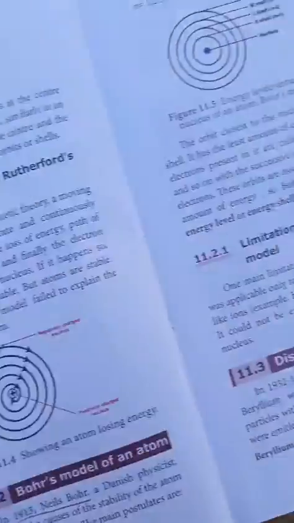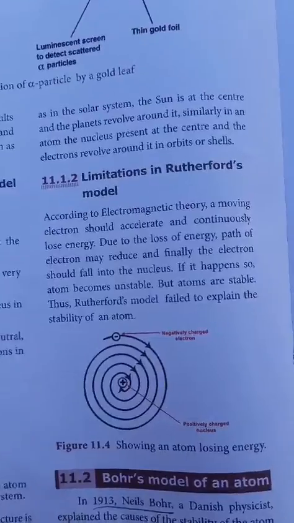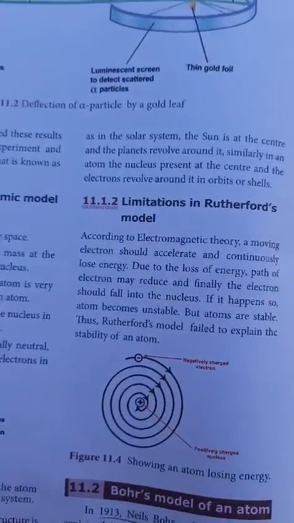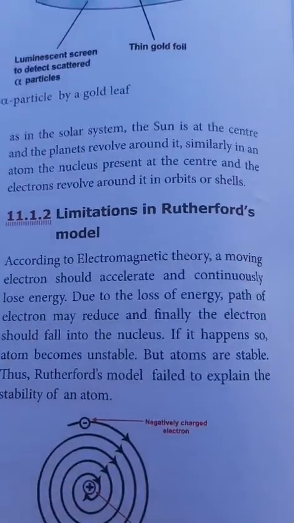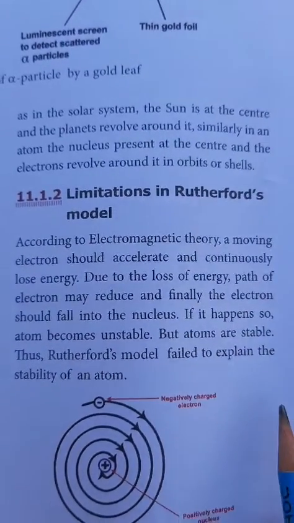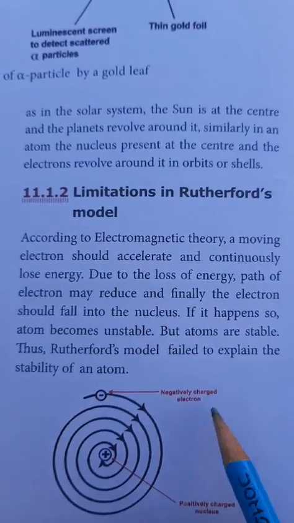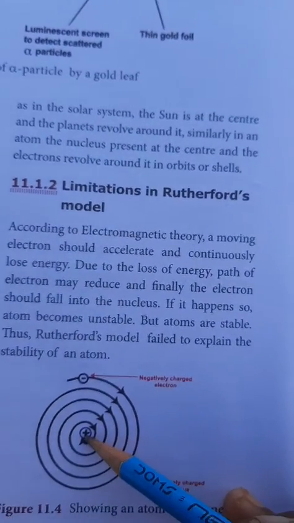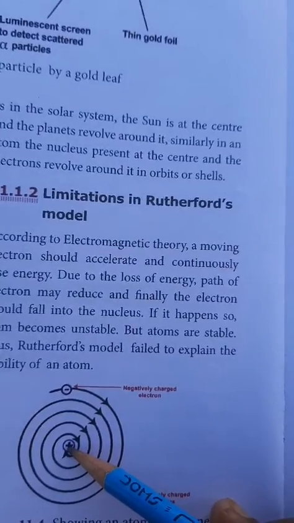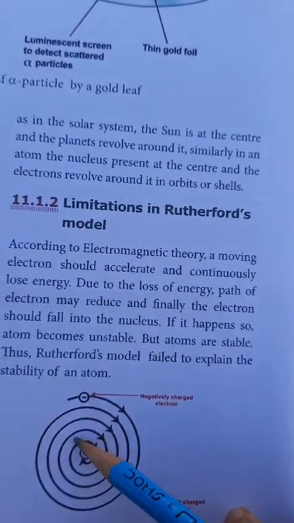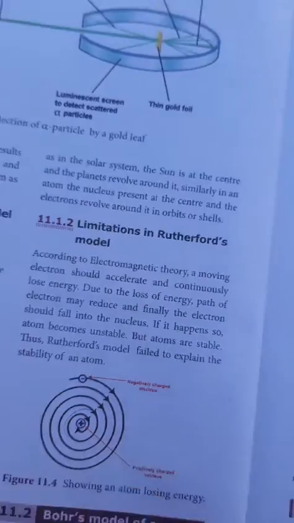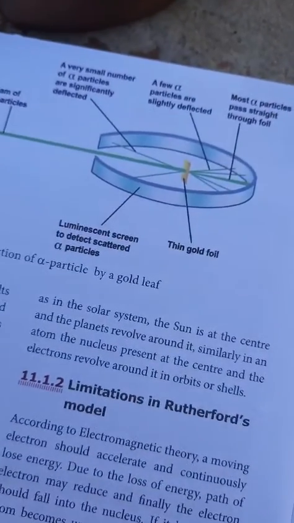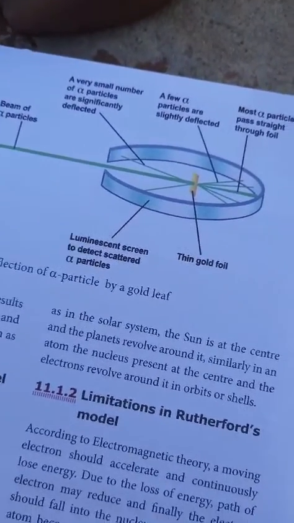Then the limitation of the Rutherford model. According to electromagnetic theory, a moving electron should accelerate and continuously lose energy. So the atom would lose energy as the electrons move around the positively charged nucleus.